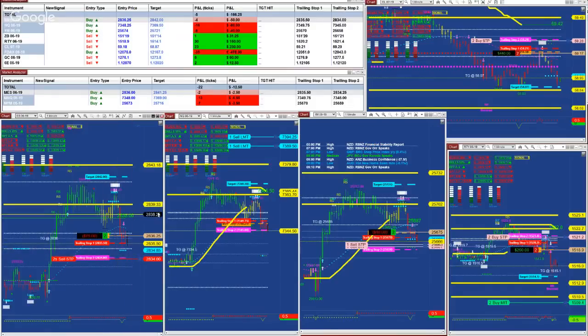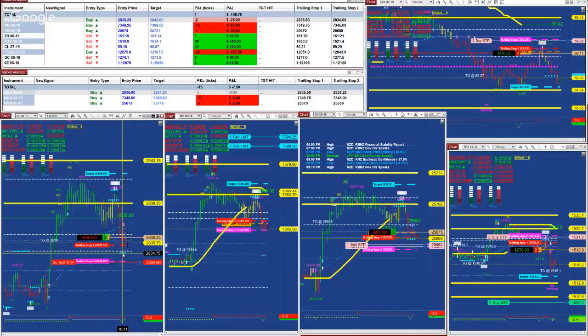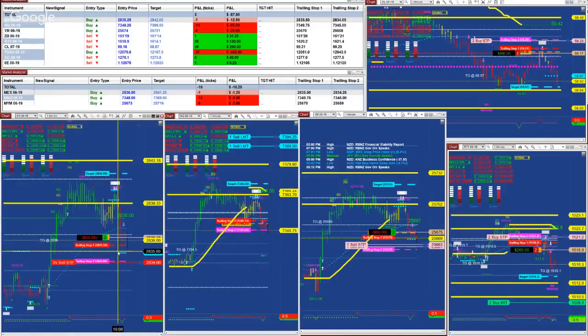The signal is this. Right now we are coming to the projection with the support line on the ES at 28.3475. This is your magic number right now. Put 28.35 on your chart. Here's the key for today: 28.35 on the ES.